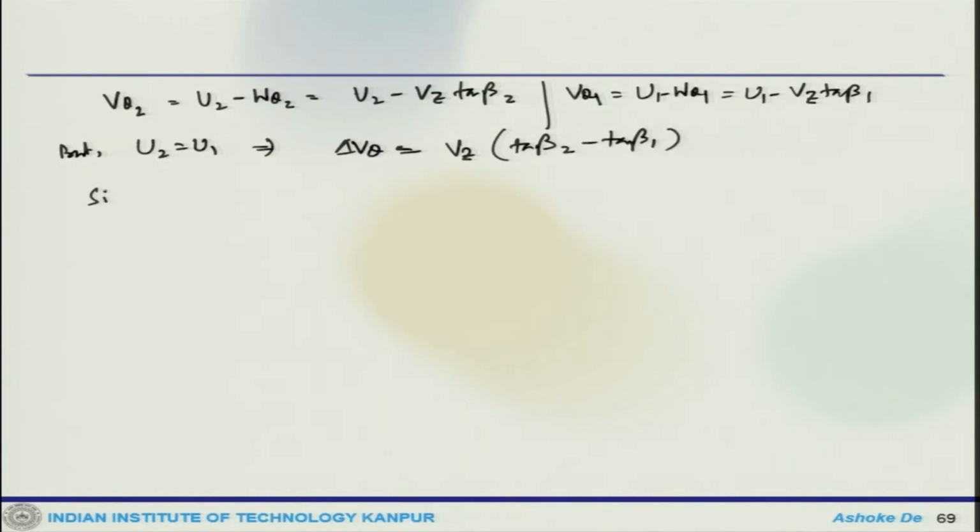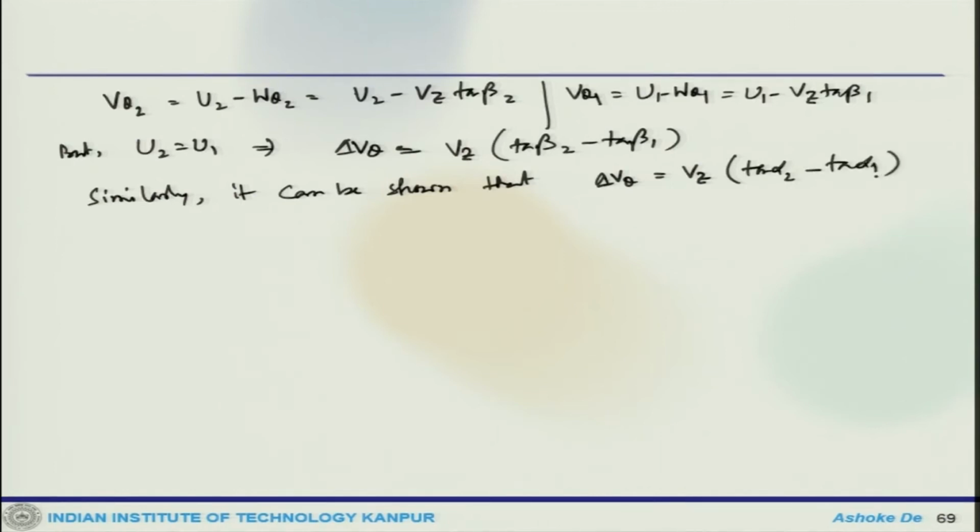Similarly, it can be shown that delta V theta is V z times tan alpha 2 minus tan alpha 1. Using the velocity triangle, one can also show this. So, what is delta T r plus delta T s?